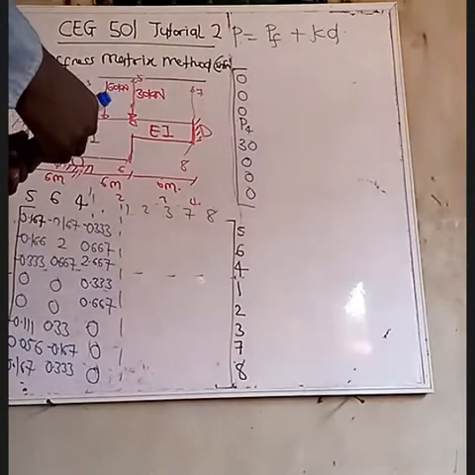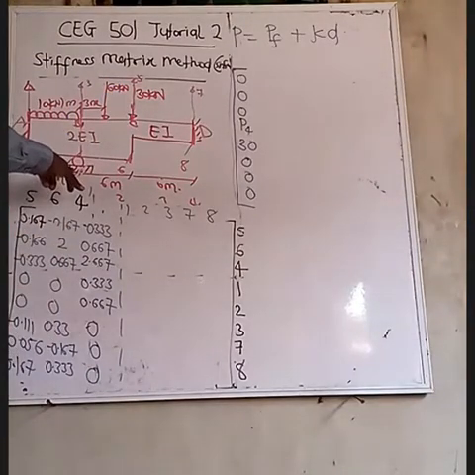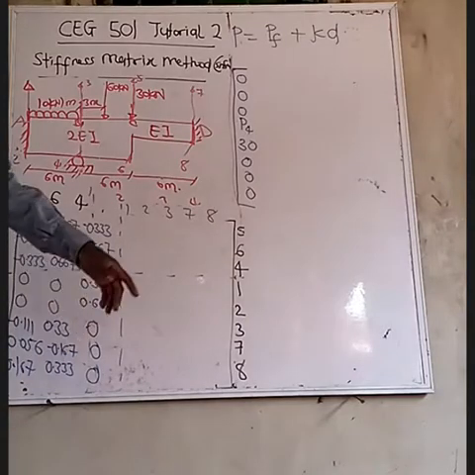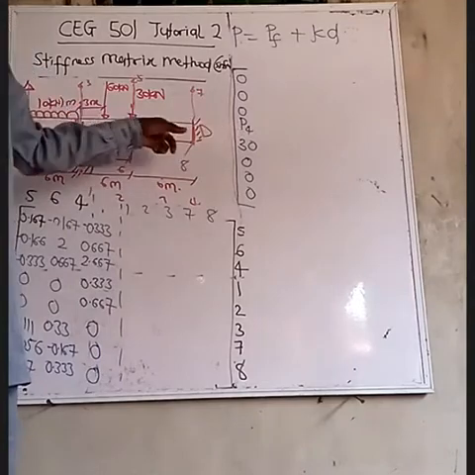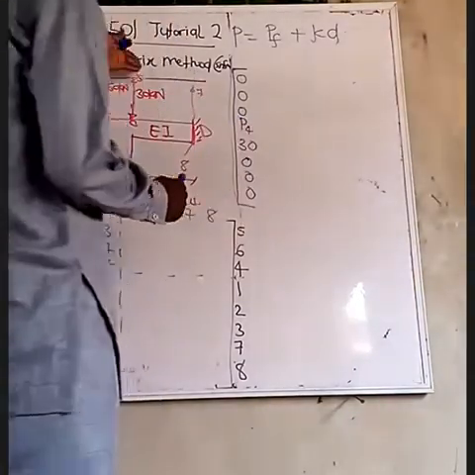I think there's an error. P4 is supposed to be 0. Did we write 30 for 5? Yes, we wrote 30 for 5, and we said P4 is unknown because there can be a moment there. It's supposed to be minus because the force is acting down.